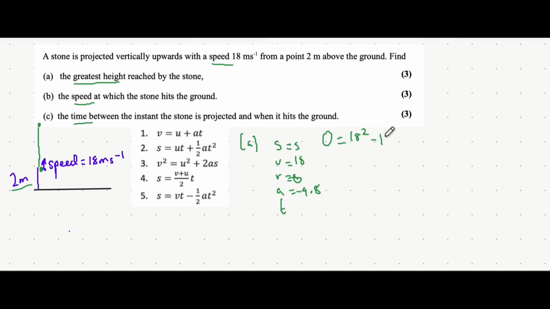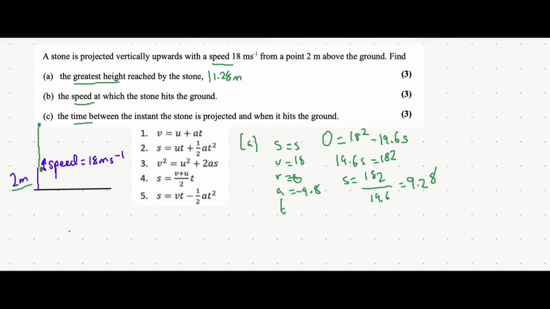So I'm going to write this as minus 19.6 S. Add 19.6 S to both sides, and then divide both sides by 19.6, and that will give you the displacement that it moves from where it starts to reach its maximum height. So let's find that. 182 over 19.6 is equal to 9.28 meters. And so the greatest height reached is 2 plus 9.28, so that's 11.28.